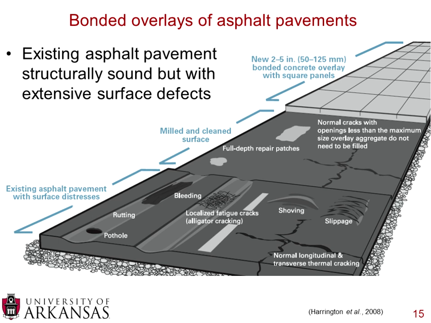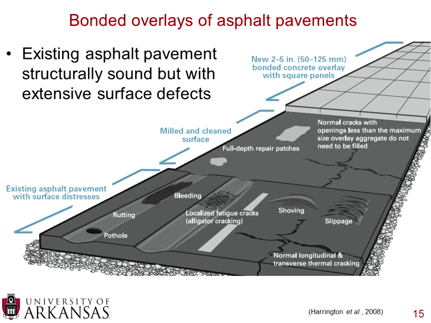Going to the next panel back, the milled and cleaned surface, you have some full depth repair patches, and you can see that the patches were applied to the potholes and some of the bleeding and fatigue cracking. But moving over to your shoving and slippage and the longitudinal and transverse cracking, they chose not to do any sort of maintenance on the longitudinal and transverse cracks.